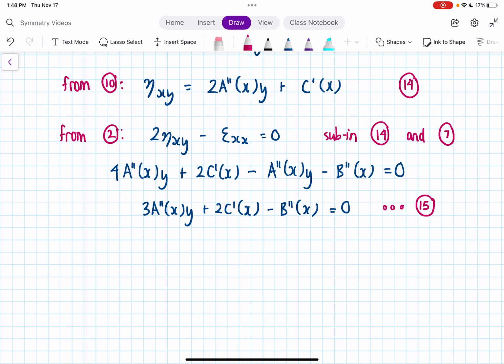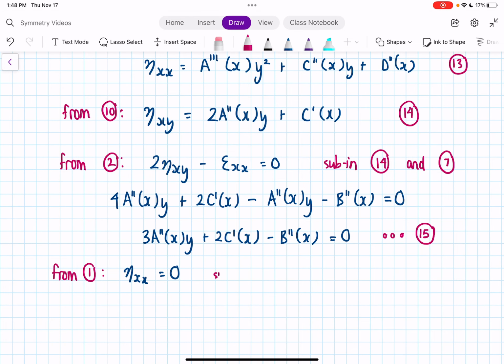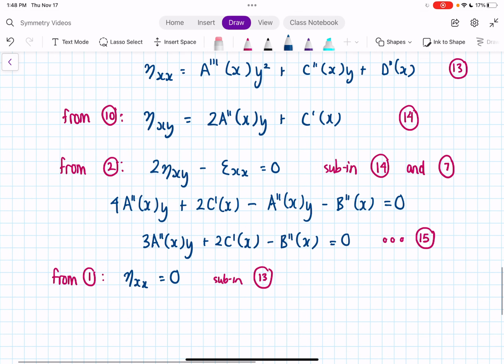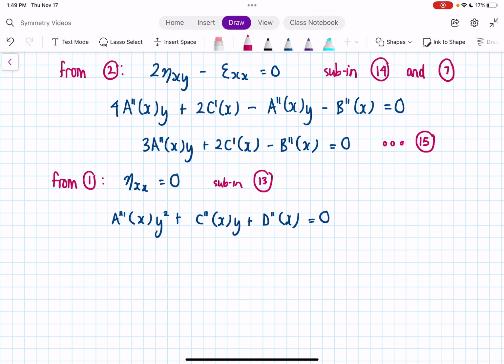We can also take equation 1, and from equation 1, which said that, we just sub in 13. And now we have... and this is now 16.